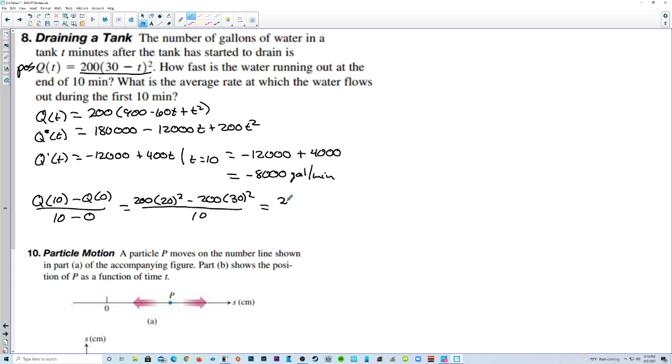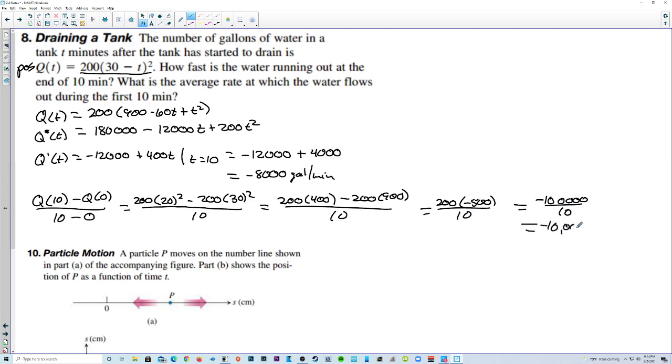And that's equal to 200 times 400 minus 200 times 900 over 10. And we could do it like this. We could go 200 times negative 500 over 10. And finally, negative 10,000 gallons per minute, I think it is. Yep, gallons per minute.